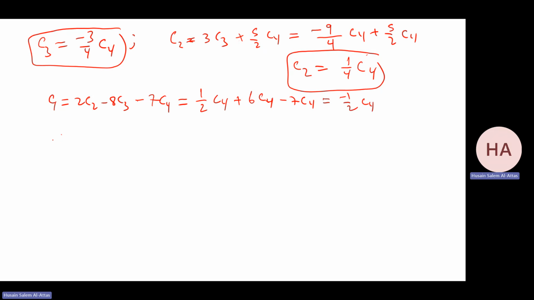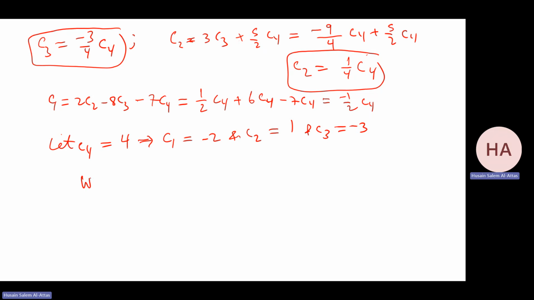So now I let C4 equal, I think I will make it 4. That will make it better. So I have C1 will be minus 2, and C2 equals 1, and C3 will be minus 3.